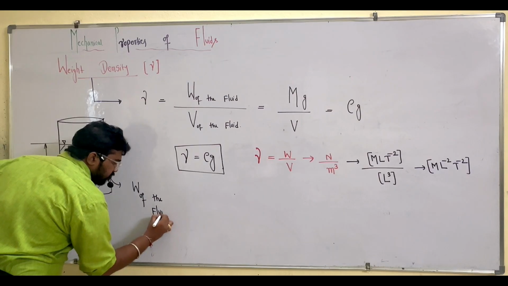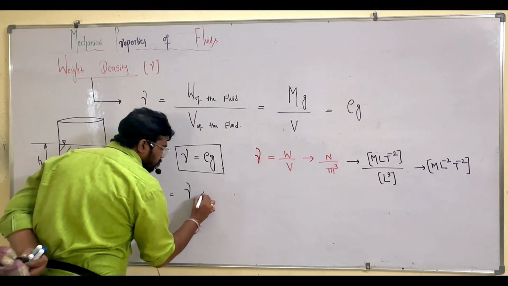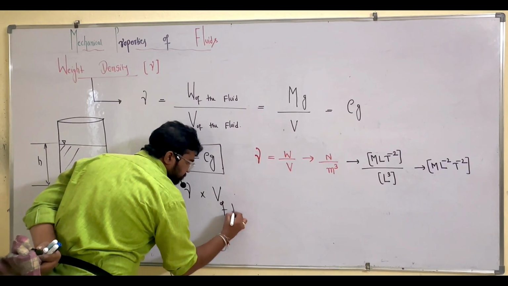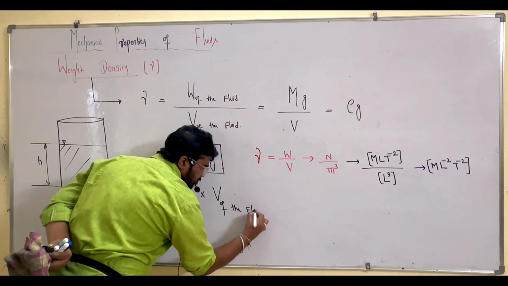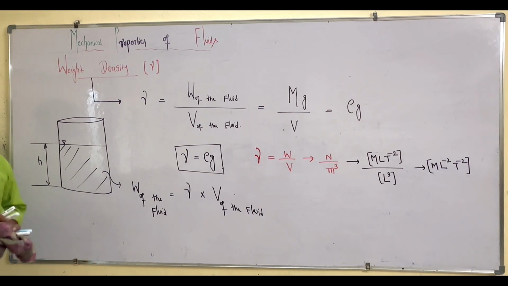Weight of the fluid equals gamma into volume of the fluid. Understood? That is the application of weight density.